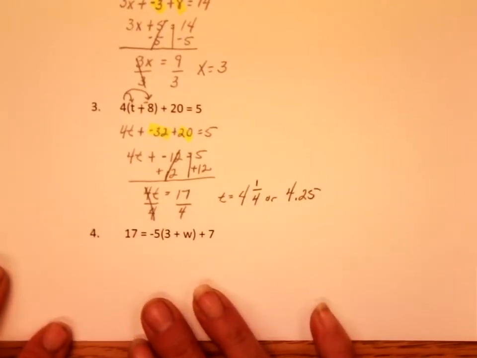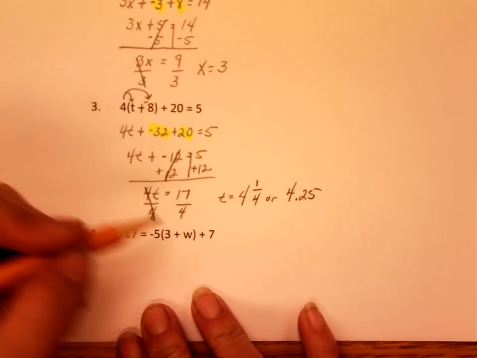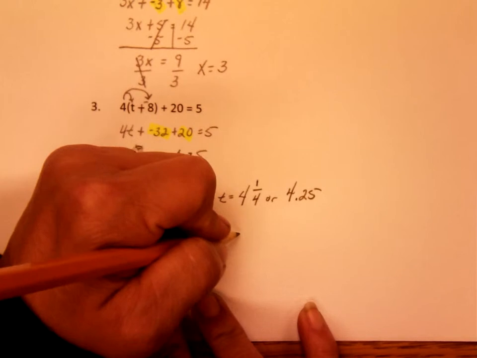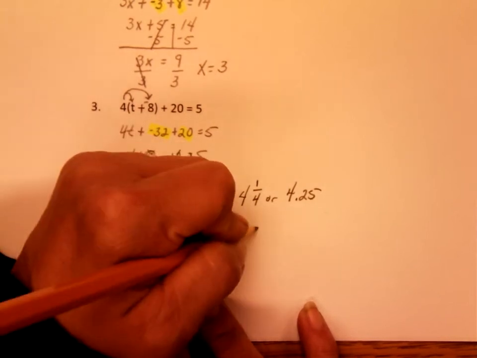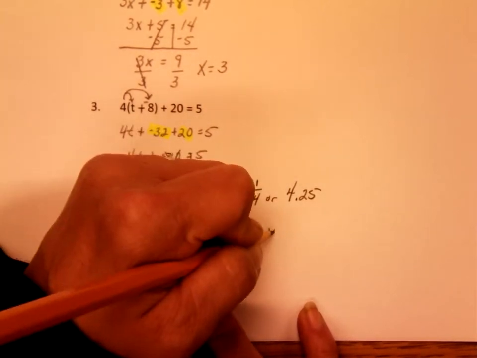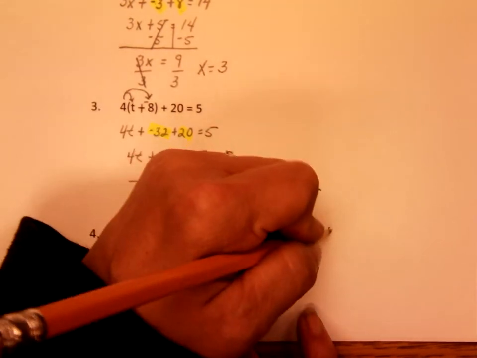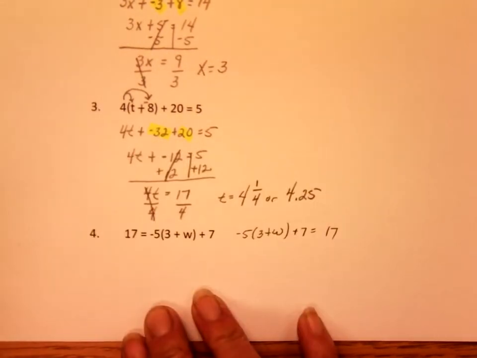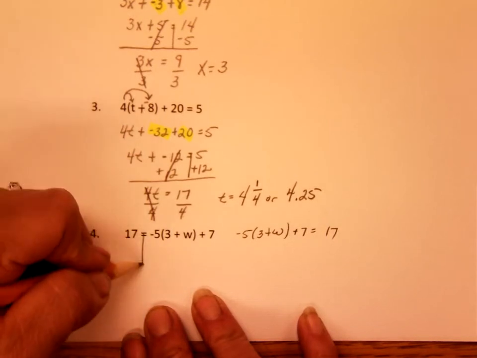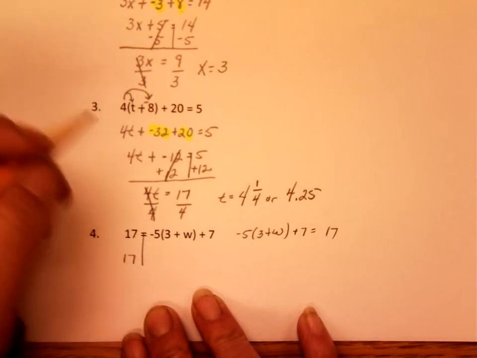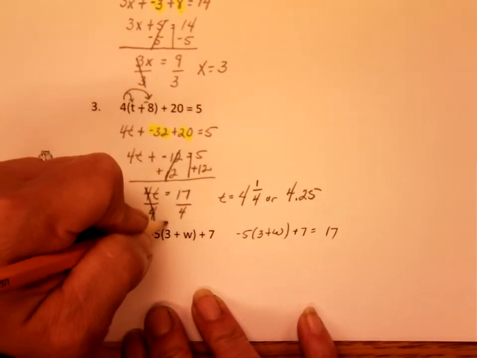Okay, number 4. Now for some of you, this way might look confusing, so you can switch it around. You could have negative 5 parentheses 3 plus w plus 7 is equal to 17. You can switch that around if you need to, but I'm going to do it this way. So on this side is 17 because there's nothing to do on that side. Now here you're going to do your distributive property.